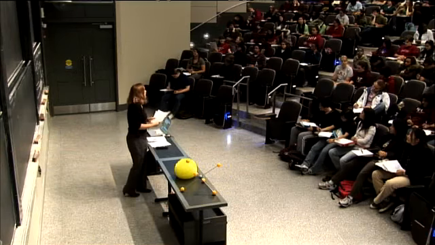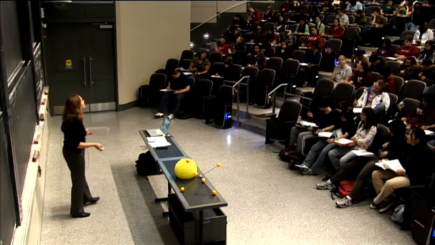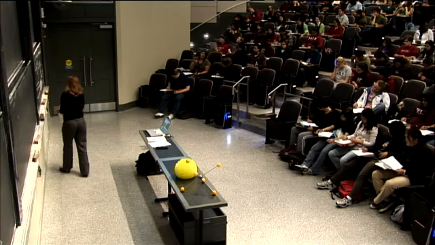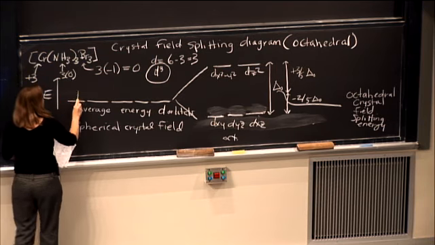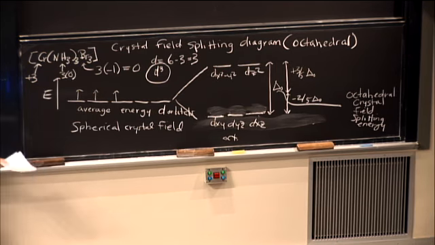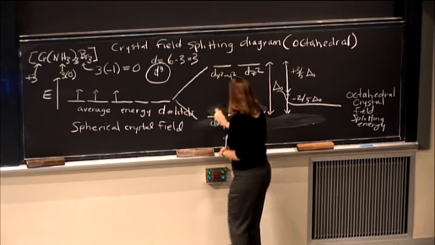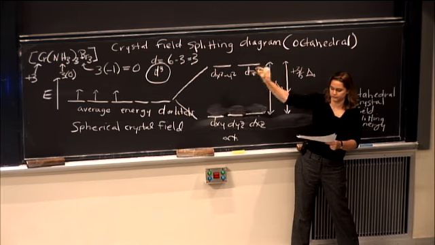So we're going to worry about 3 D electrons, and we're going to put 3 D electrons into our splitting diagram. OK, so if you had a hypothetical spherical crystal field, you would have your ones in here. But now let's consider what happens in the octahedral case. So we can come down here. Am I going to put my first electron down here or up here?